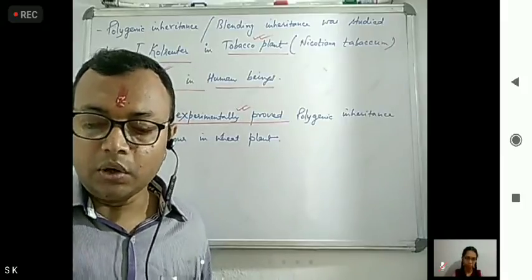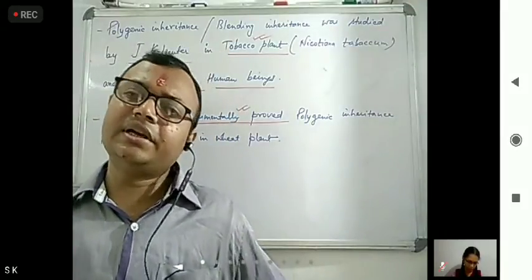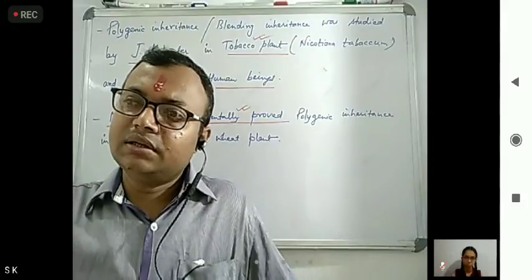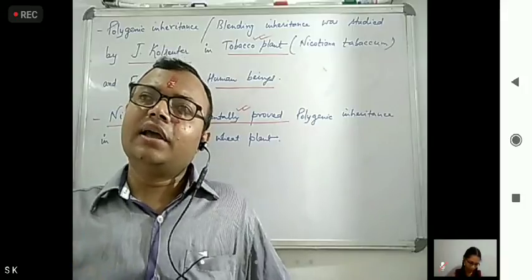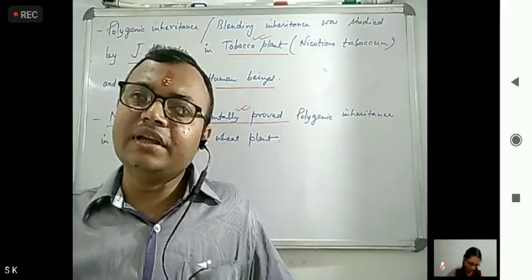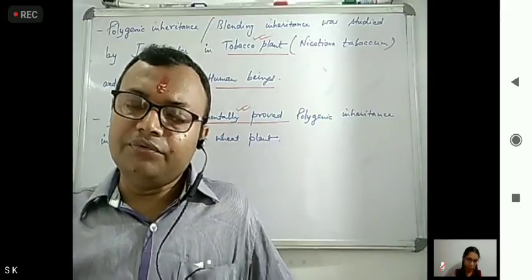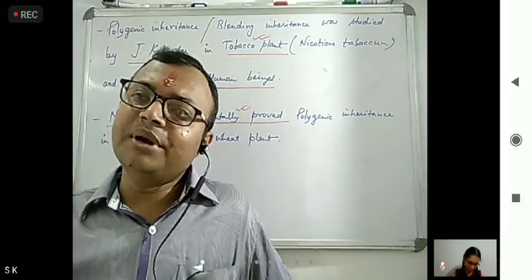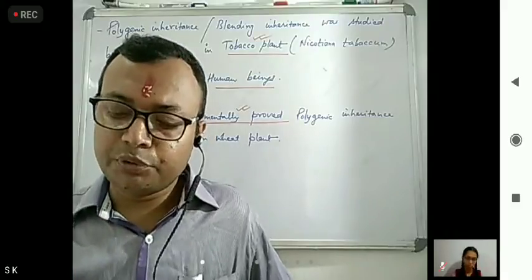He told that 3 pairs of genes present in human beings decide the color. You have seen very dark color, African people, very light color like US people, and we are intermediate. So how many genes are responsible? 3 pairs of genes are responsible.